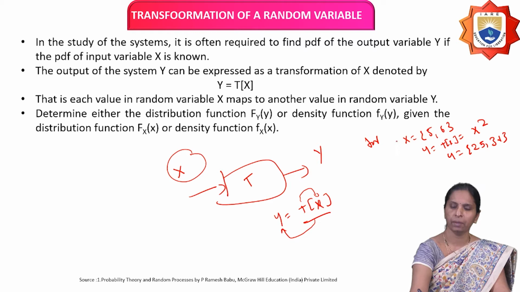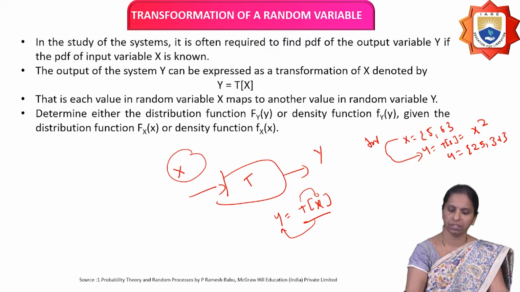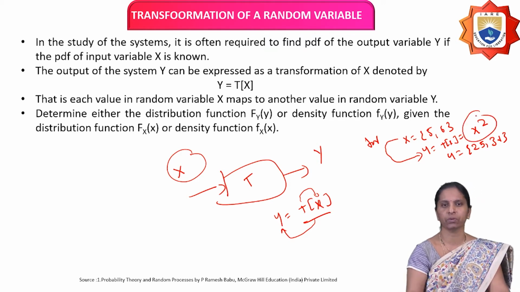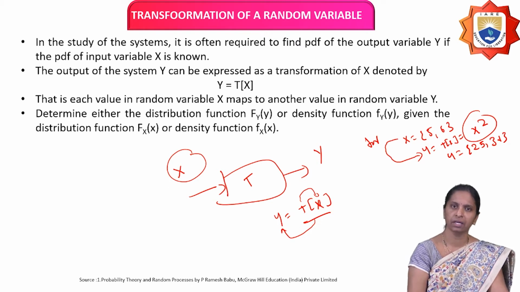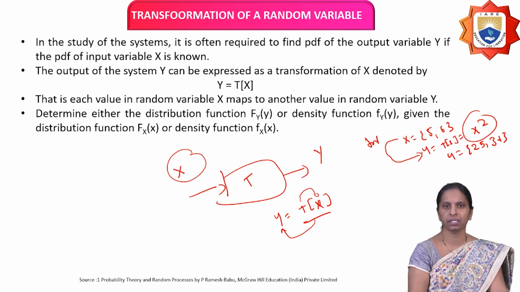It means I am transforming this random variable into a new random variable by performing an operation. What is the operation? I am squaring the random variable. By squaring the values in x, I get a new random variable y. That is transformation, or the operation.